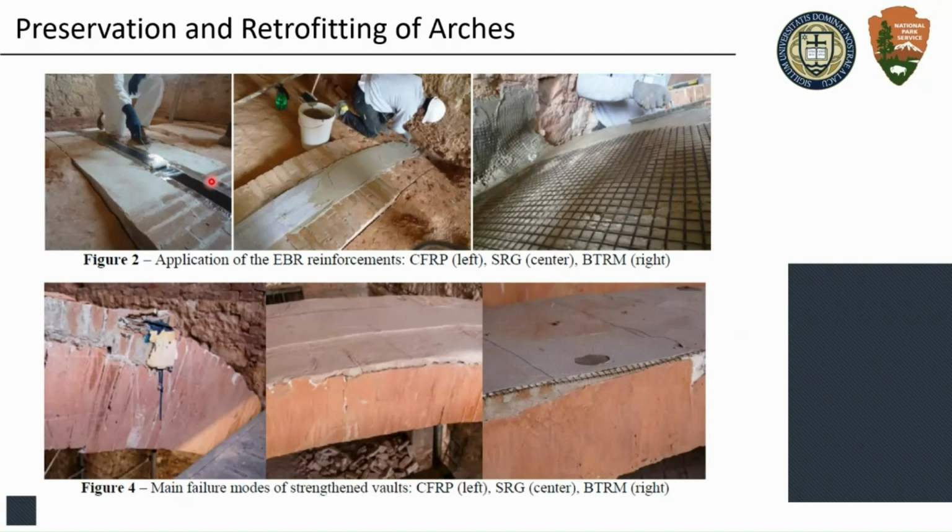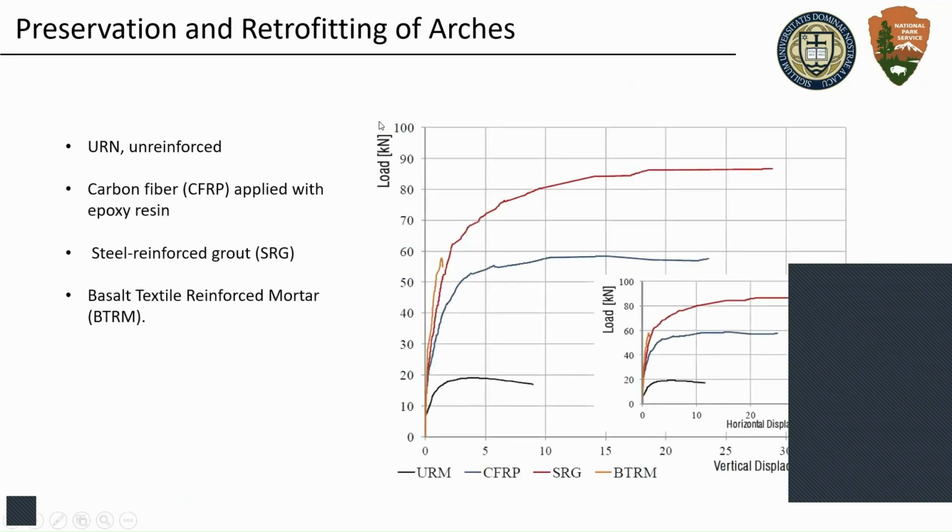Now I'm going to show you the results. So what we have here is, on the y-axis, how much load we apply to the arches, right? How much was applied with the jacks, and the horizontal axis is how much displacement we are measuring. The first line here, the black one, is the unreinforced arch, right? So we didn't do anything.